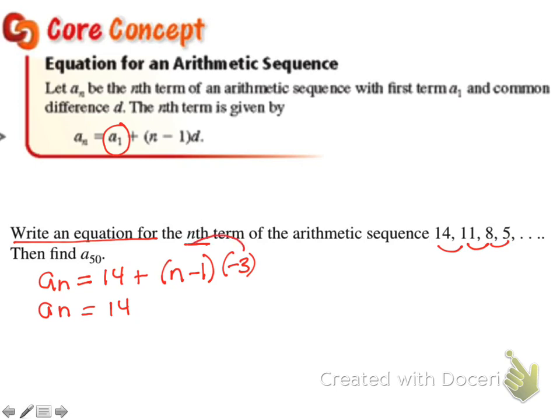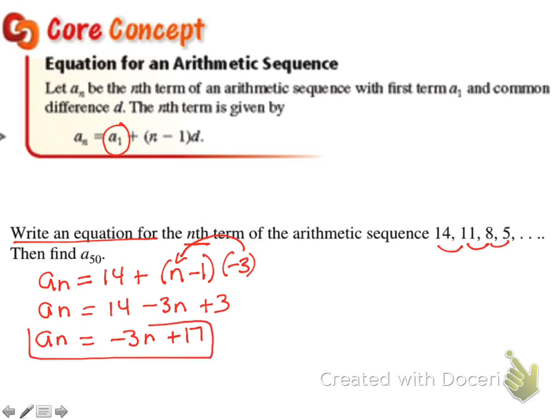Do you see that? Minus 3n plus 3. What does that simplify to? 17 plus 3. Minus 3n. 17 minus 3n. I'm going to put it in minus 3n plus 17. So now this is the arithmetic sequence equation for this sequence.